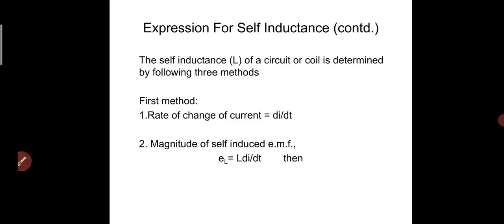Expression for self-inductance. The self-inductance L of a circuit or coil is determined by the following three methods.